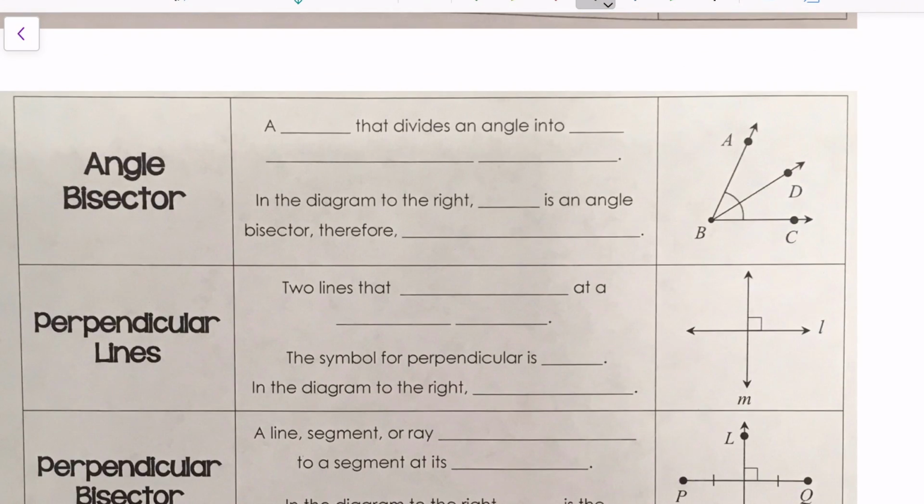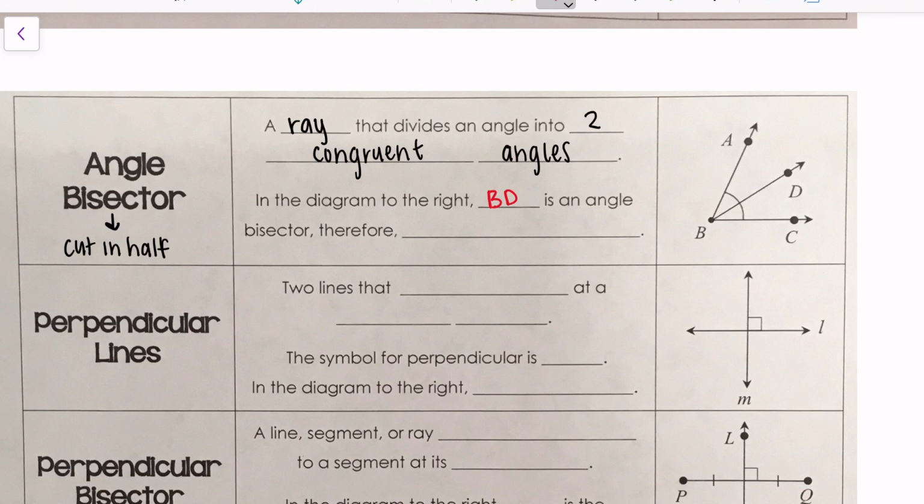All right, so now let's talk about an angle bisector. So whenever we see the word bisector, we're talking about things that cut in half, okay? They bisect. So when we're talking about angles, we're talking about a ray that divides an angle into 2 congruent angles. So let's take a look at the diagram on the right.